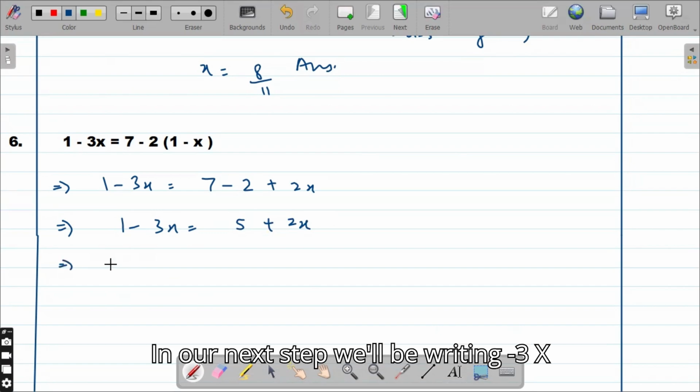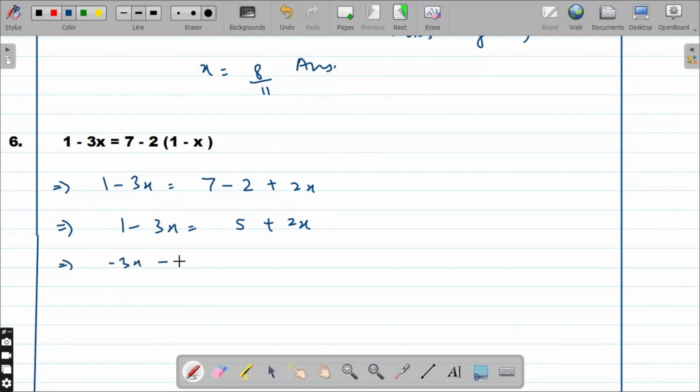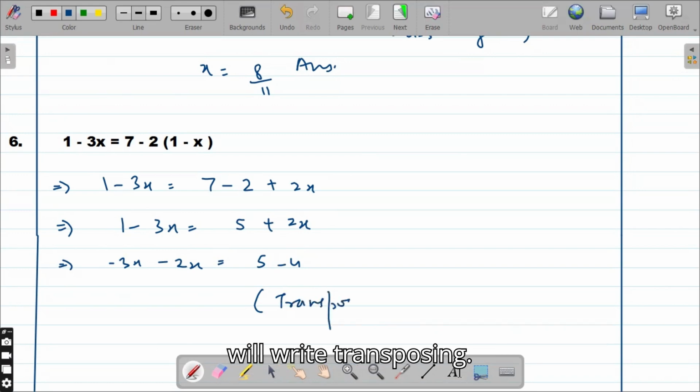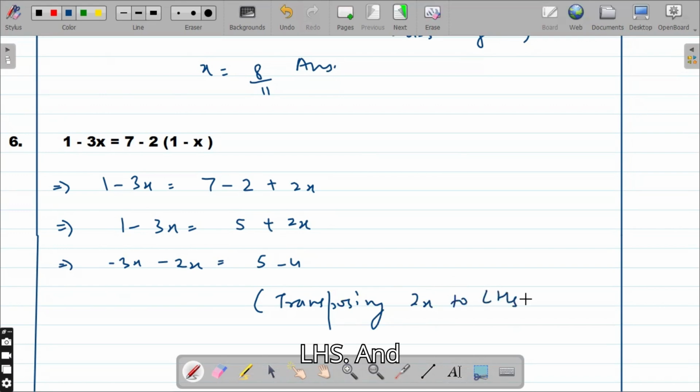In our next step, we'll be writing minus 3x minus 2x equal to 5 minus 1. Here we will write transposing 2x to LHS and 1 to RHS.